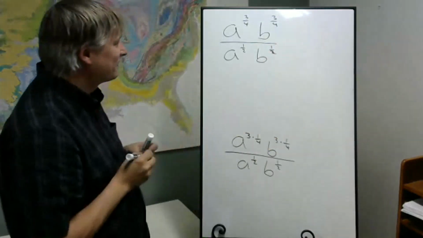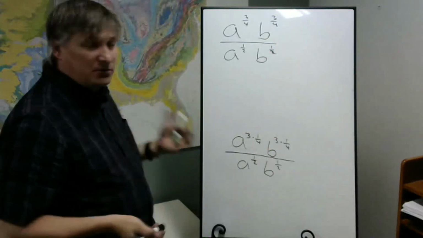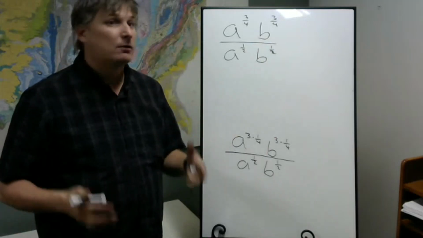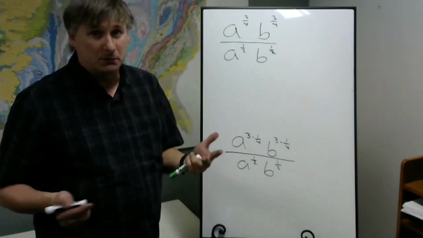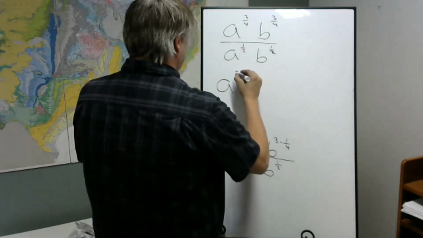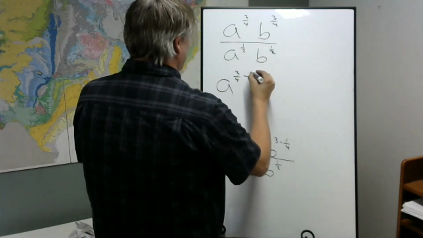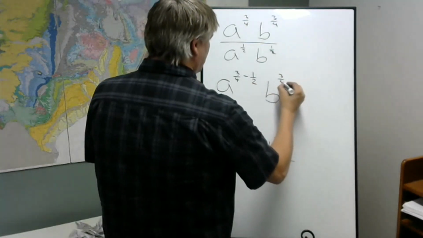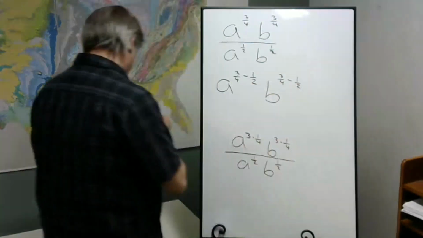There we go. So now we're going to use our subtraction rule. And again, because the roots weren't the same, we couldn't combine them into one root. So we're going to get A to the 3/4 minus 1/2, B to the 3/4 minus 1/2.